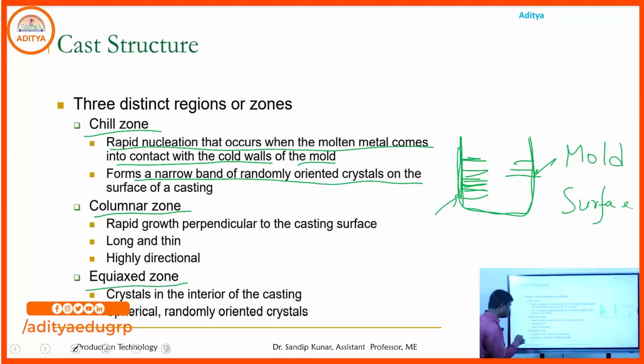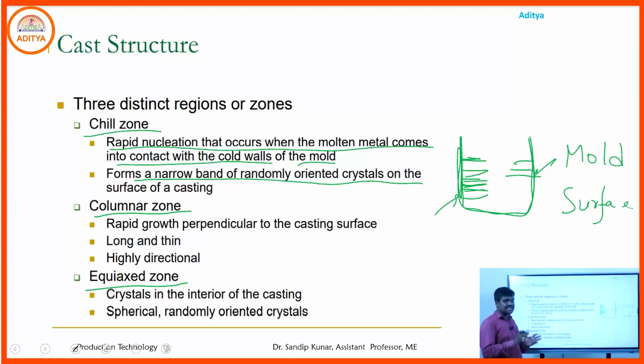Third is the equiaxed zone, meaning crystals in the interior of the casting. The equiaxed zone is created in the interior of the solidified region, and the crystals may be spherical or randomly oriented.